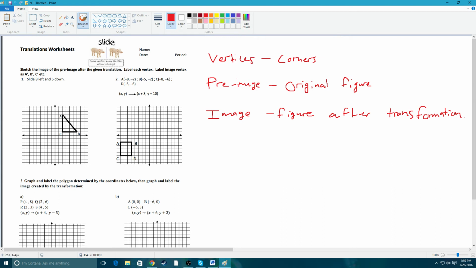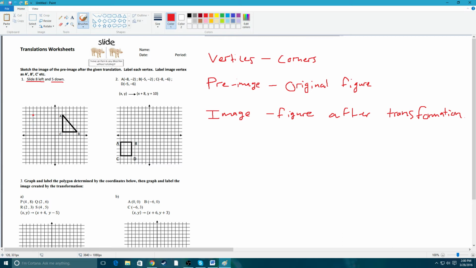We're going to start off with this A, and it says we're going to slide 8 left. So I'm going to take this A, go to the left 1, 2, 3, 4, 5, 6, 7, 8, and put a point down. But we also have to go 5 down.